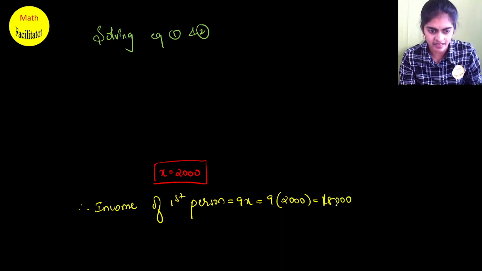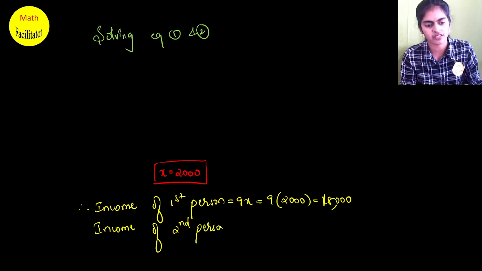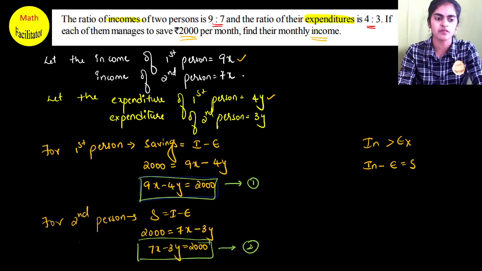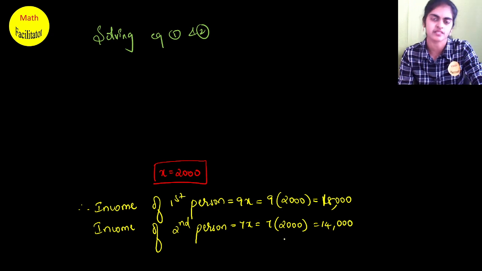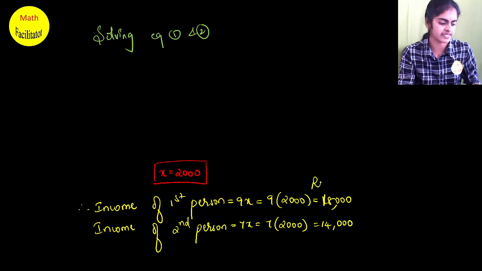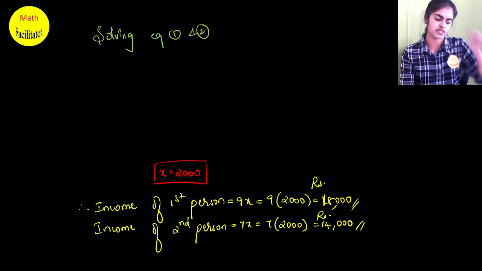Similarly, the income of the second person will be how much? You have taken the income of the second person as 7x. So it will be 7 into 2000, that is 14,000. So write rupees here. So rupees 18,000 and rupees 14,000 are the incomes.